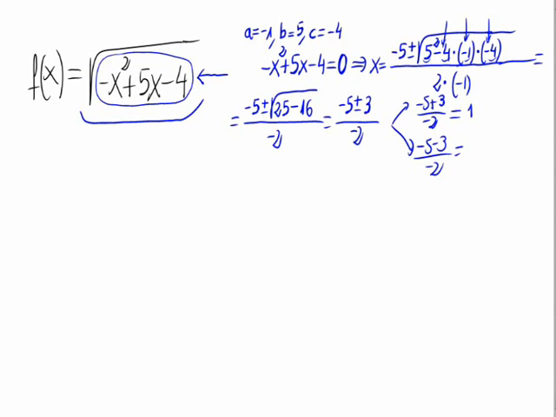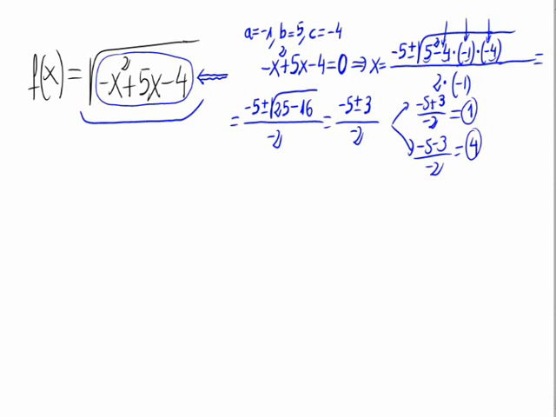Minus 5 plus 3 divided by minus 2 is 1. And minus 5 minus 3 divided by minus 2 would be minus 8 divided by minus 2, and that is plus 4. These two are the values that make the polynomial equal 0. That is what is inside of the root.